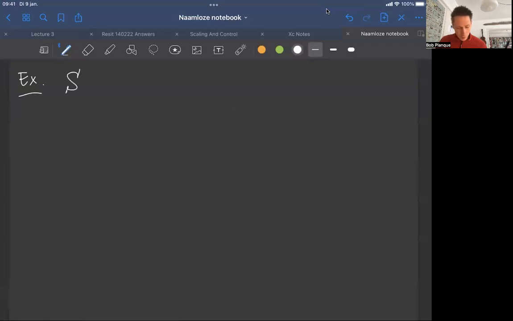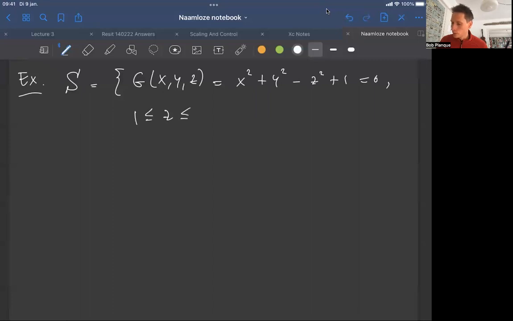So the example I'm giving is where the surface is given by the following function of x, y, z: x squared plus y squared minus z squared plus 1 equals 0, and z lies in between 1 and square root 5.